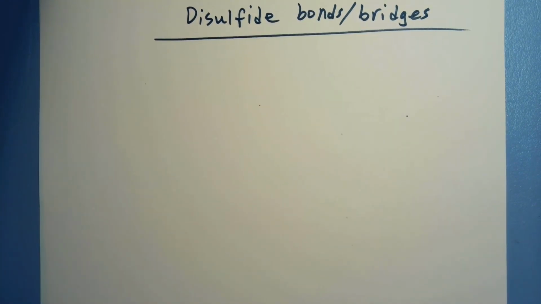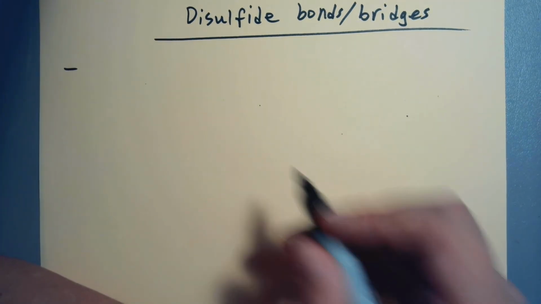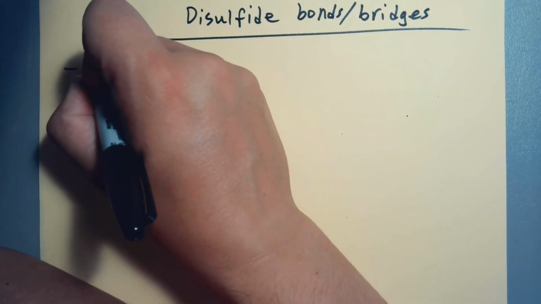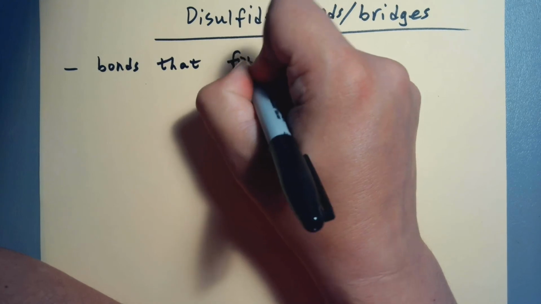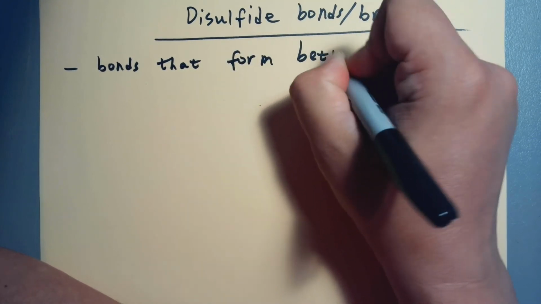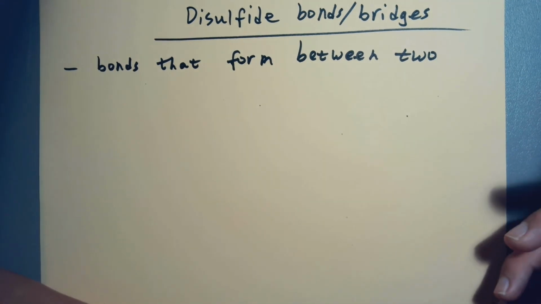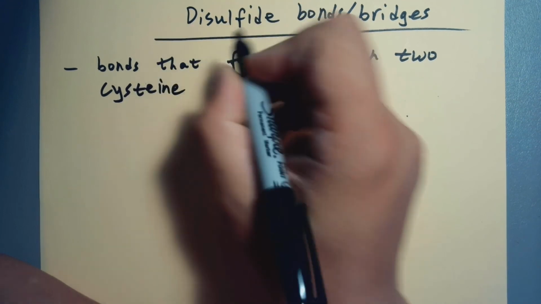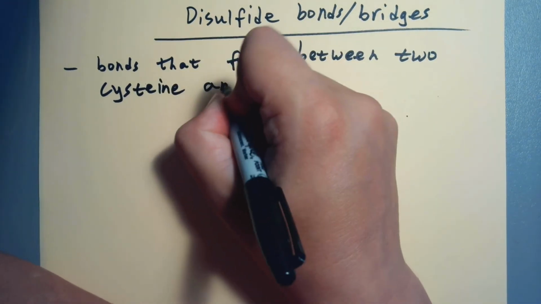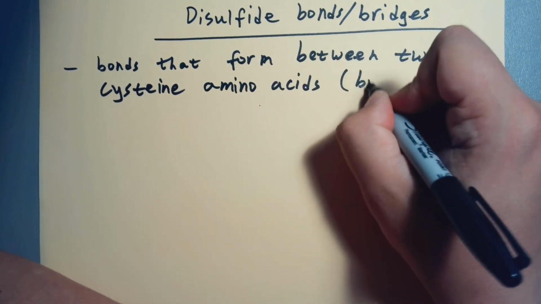Alright, and so we want to bring back our old friend cysteine. But before we do, what we have are bonds that form between two cysteine amino acids, because both of them have to have SH groups.